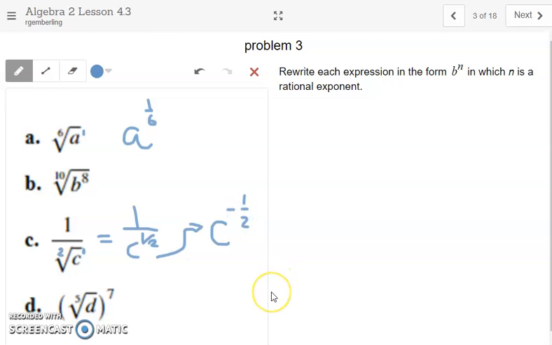So this final answer is c to the exponent of -1/2. So again, the number on the outside, that's always the radical, that's always the denominator. The number under it or on the outside here, those are always numerators. And we're asking you to write the rational form.